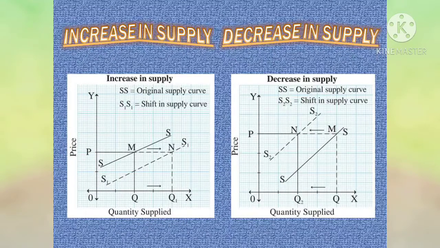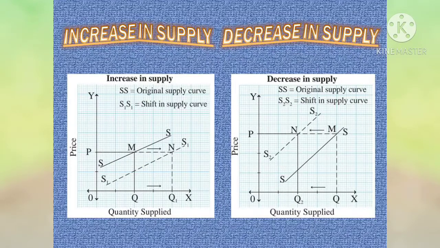Supply rises from OQ to OQ1 at the same price OP, resulting in an outward shift of the original supply curve to the right from SS to S'. It is known as increase in supply.